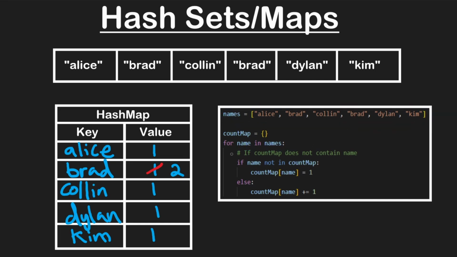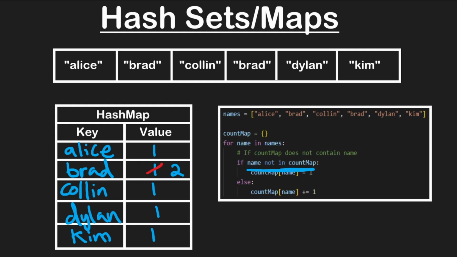And remember, we have two cases. If count map does not contain this name. Now in Python, the syntax for that is: if name not in count map, but most languages will have a count map data structure with a method or function called, let's say, contains, and then you'd pass in this key as the parameter to that method call.